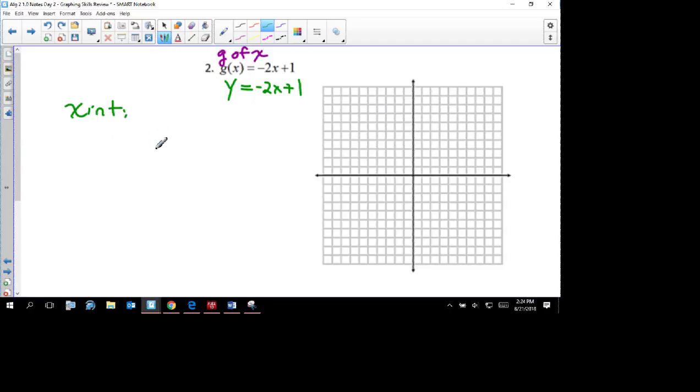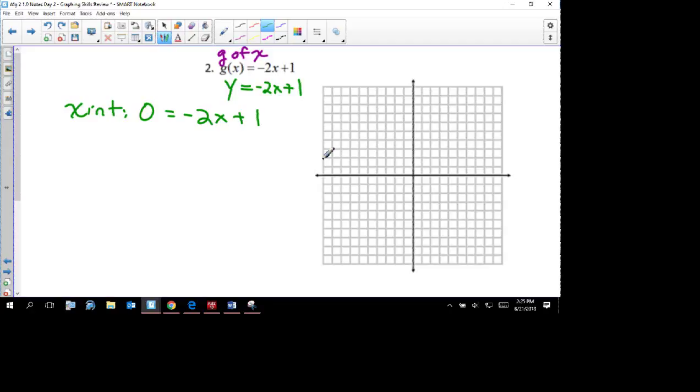Plug in 0 for y. If we're finding the x-intercept, we got to get rid of y. We got to make y 0. So 0 equals negative 2x plus 1. So whatever g of x is, that's really y, so that's where the 0 goes. Then we're going to solve it. So I'm going to peel away the layers.